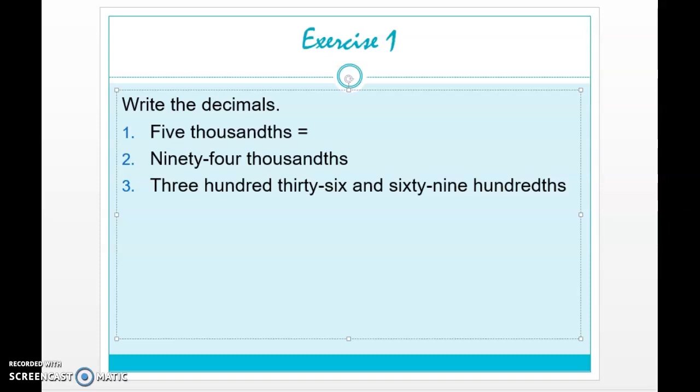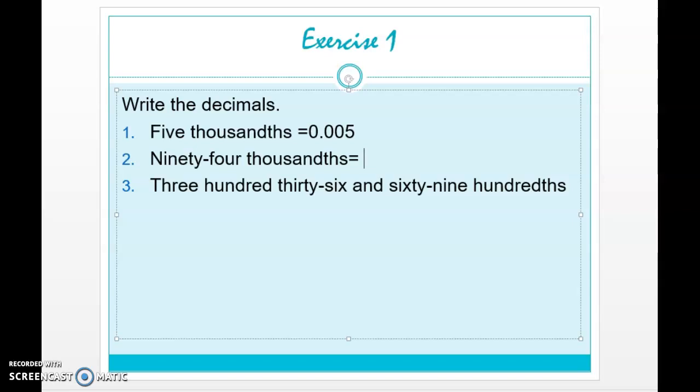It's going to be 0 point. So I start counting, 0.005. So this we'll call 5 thousandths.